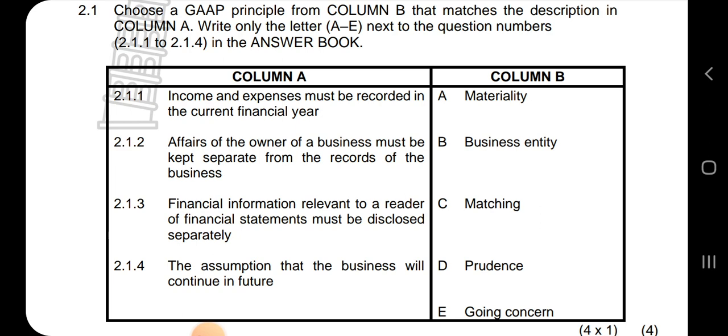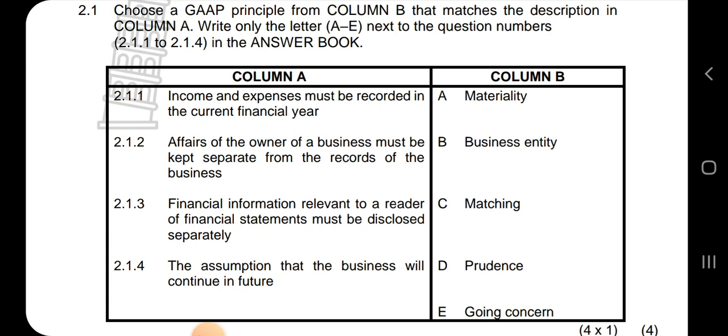Going concern says prepare the financial statement with the hopes that the business will continue in future, something like that. I'm just trying to remember what each principle means, this is not exactly it, so that I can be able to answer. It's very important to read your theory so that you know.